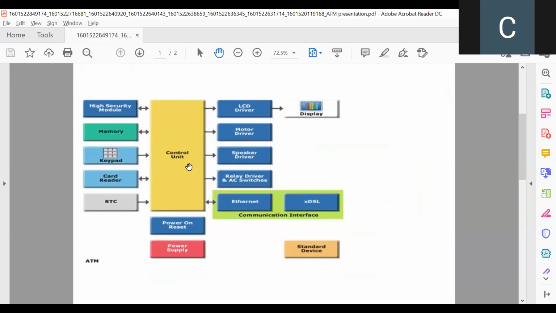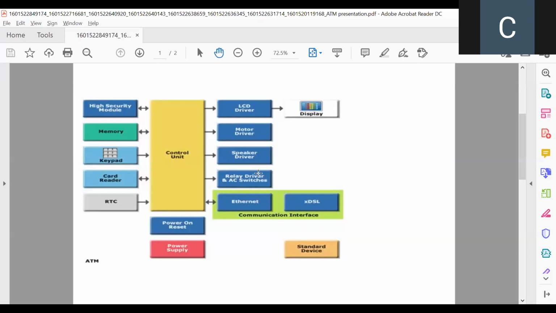So she has seen this. This control unit is our microcontroller. She has explained that a card reader will be there, and our keypad will be there, and a motor driver for when we get the cash from the dispenser. Then a speaker driver, since sometimes it can't dispense the cash. You have seen that in our ATM machines we have a speaker.